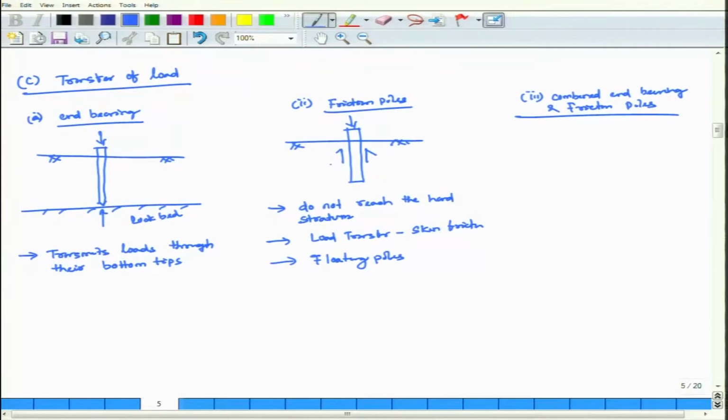So, if this is my load, P is coming, here I can say it is QP, here it is your QS, Q frictional because of your side resistance. Now, combined end bearing and friction piles. What does it mean?